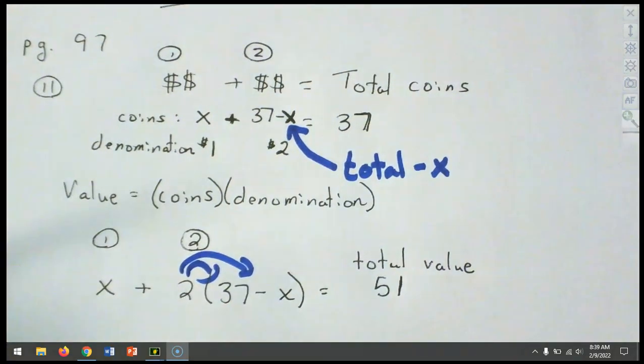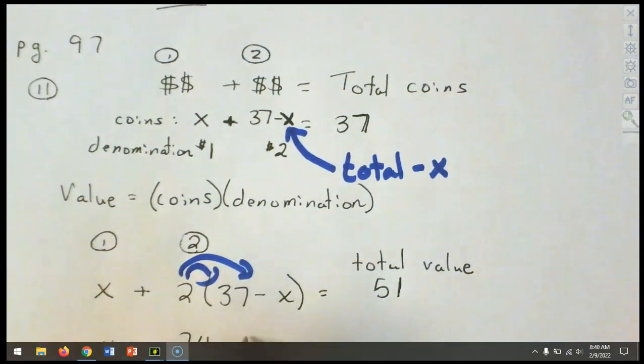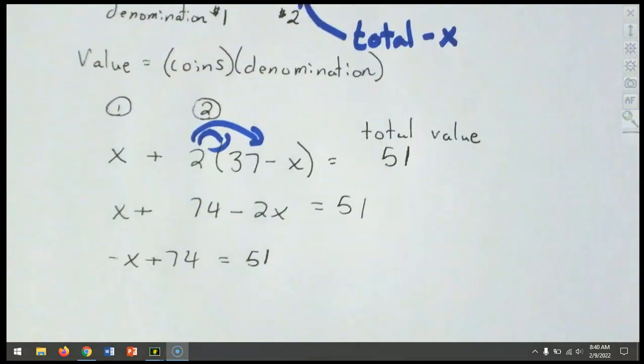And we've got now an x, and we've got 37 times 2, that should be 74, minus 2x equals that 51. Combine those together, so minus x plus 74 equals 51. Can you move the paper? Yep, I will. Sorry about that. You're okay.